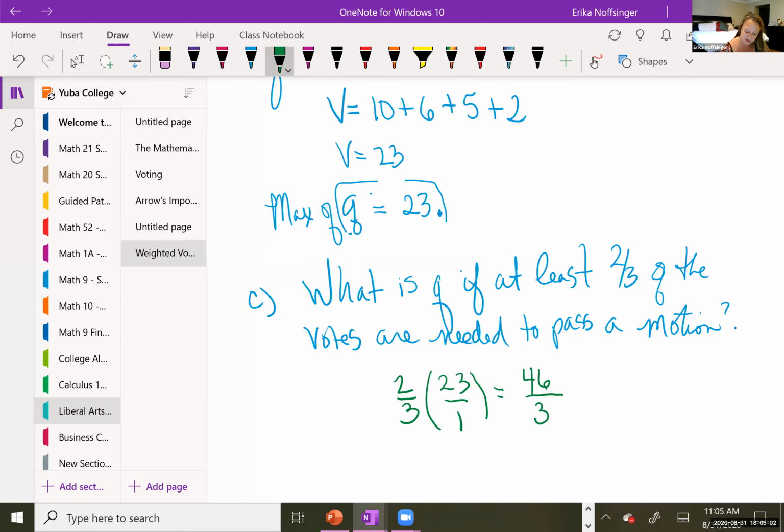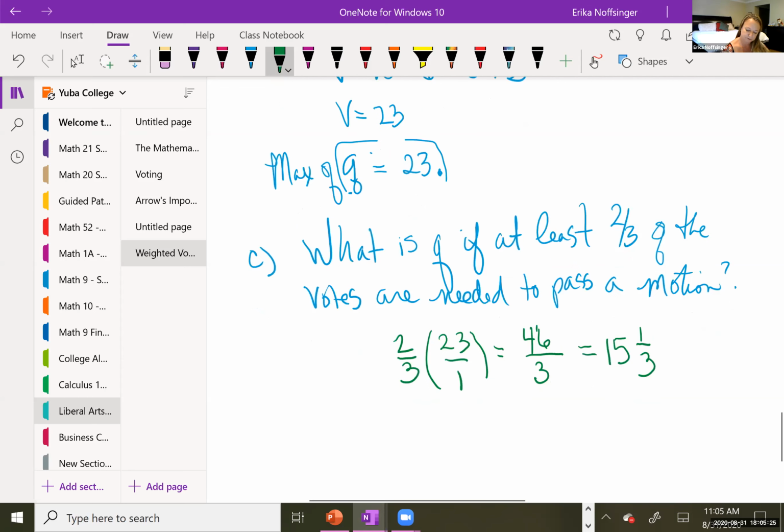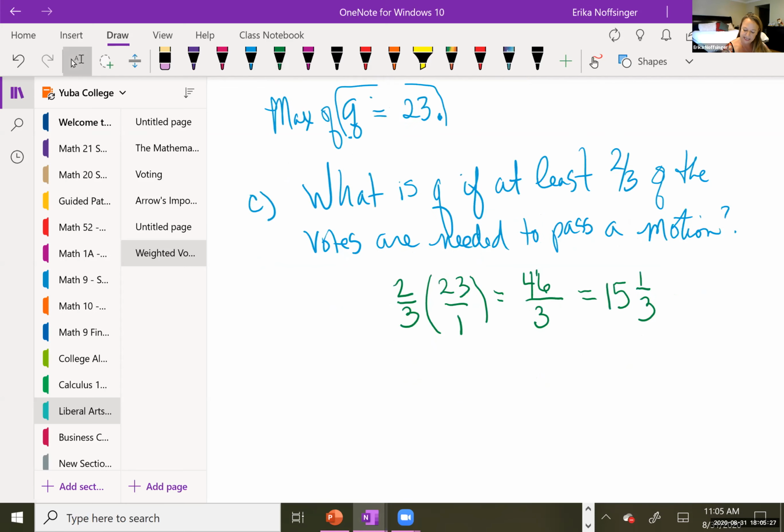I can only do this because this is a single digit I'm dividing by. So 3 goes into 4 once, with a remainder of 1. 3 goes into 16 5 times with a remainder of 1. So this is 15 1/3. Okay, so 15 votes is not enough. You're not going to get a 1/3 of a vote. And so Q would have to be at least 16.